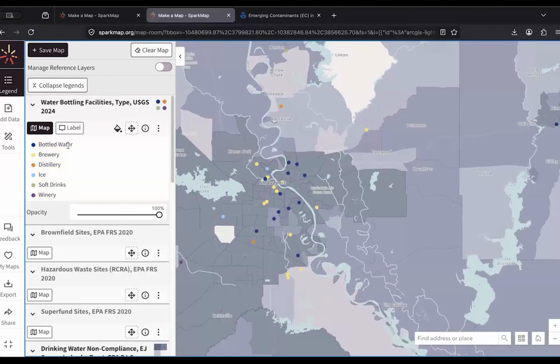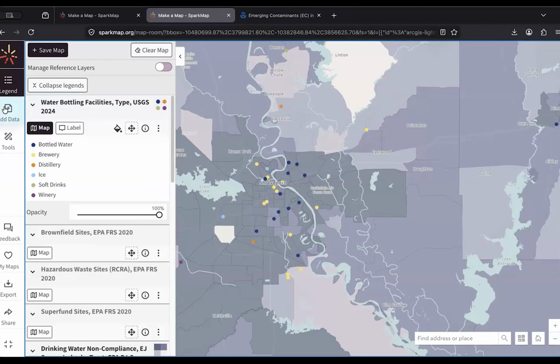You can see places where bottled water, breweries, distilleries, ice, soft drinks, and wineries are made. So these are places that are using large quantities of water. I would want to make sure that bottled water is coming from a place that is not also experiencing a lot of water violations. So that could be part of a narrative as well.